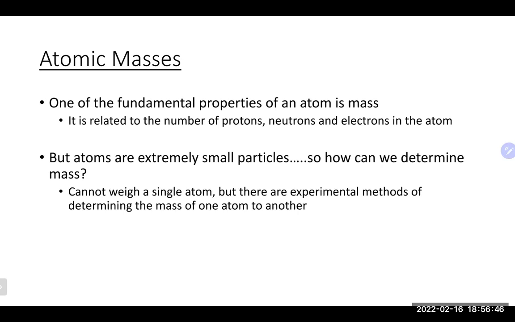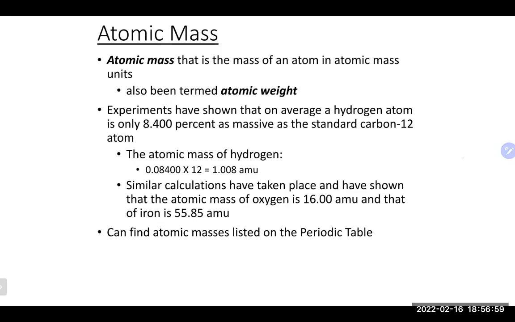So typically, whenever we run into a situation in chemistry where we can't directly measure something, a lot of times what we do is pick something to use as a standard to compare everybody to. And for atomic mass, they basically picked the standard carbon-12 isotope.